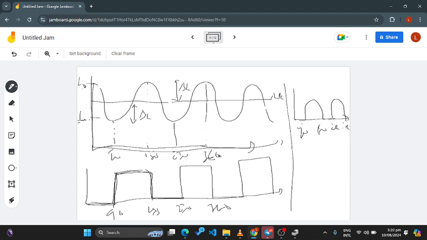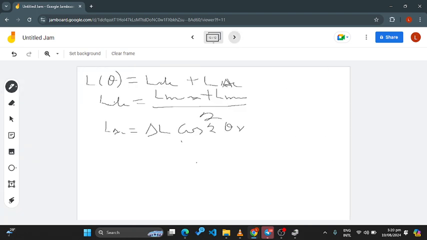If from the mean to this level is change in L, and from the mean to the lower level is also change in L, then 2 times change in L should be equal to the difference between L max and L min. If I subtract them, I know the span from here to here.